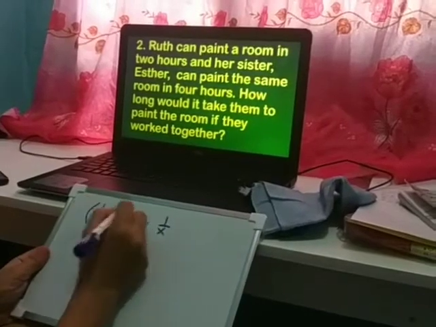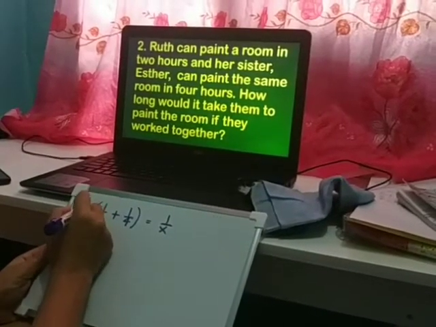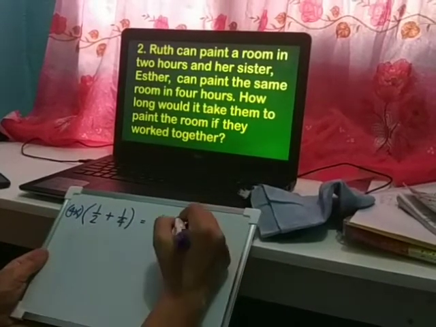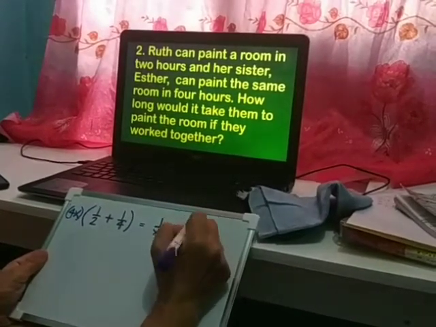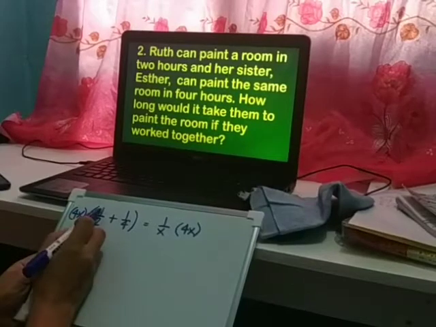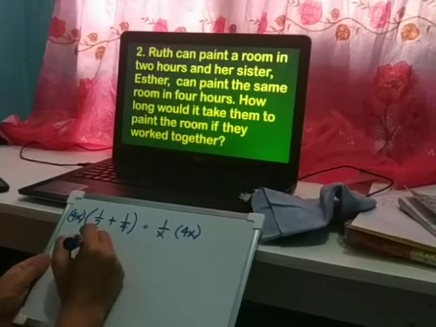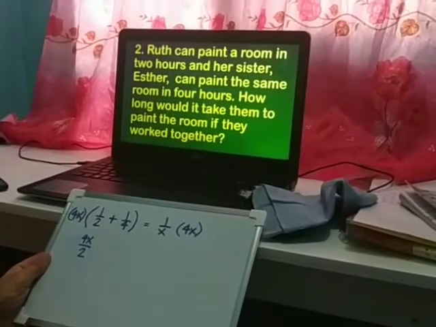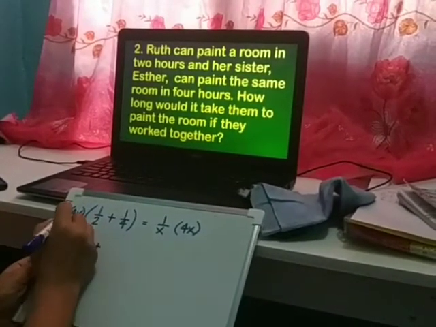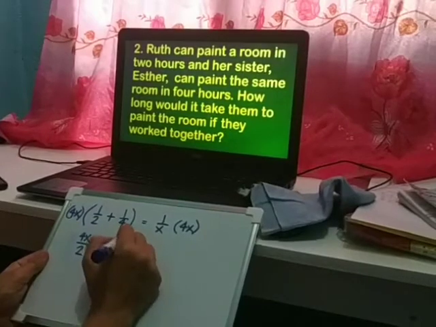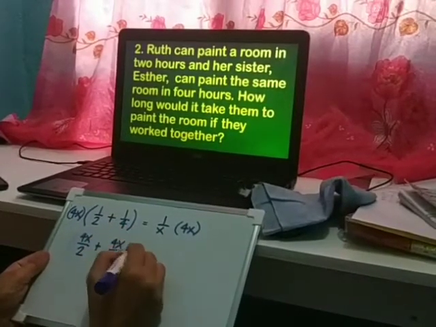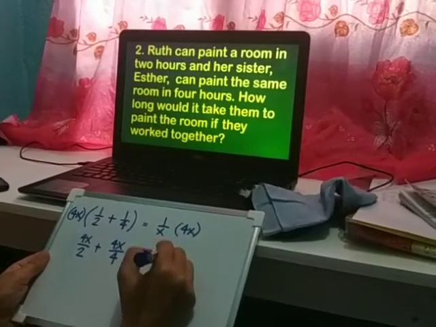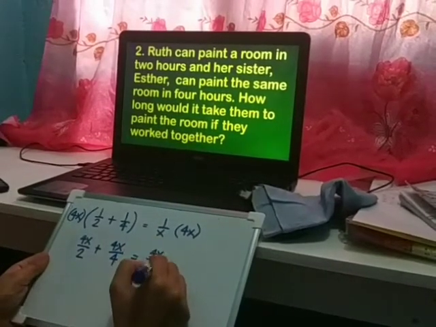Using our LCD 4x, let's multiply both sides of the equation, the left side and the right side, by 4x. 4x times 1 is 4x over 2, plus 4x times 1, 4x over 4. Then the right side, 1 times 4x, that's 4x over x.